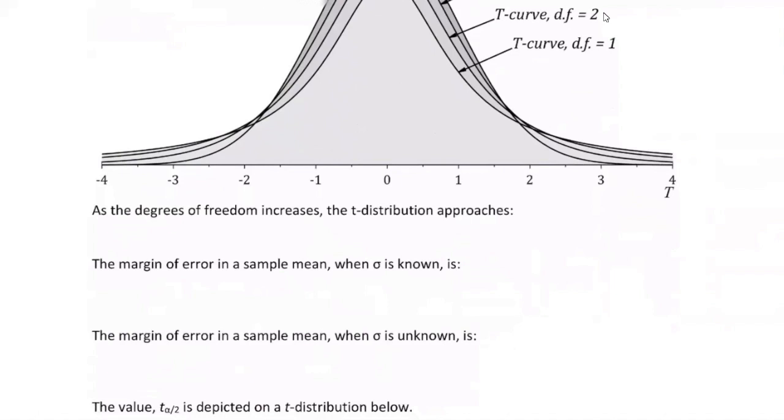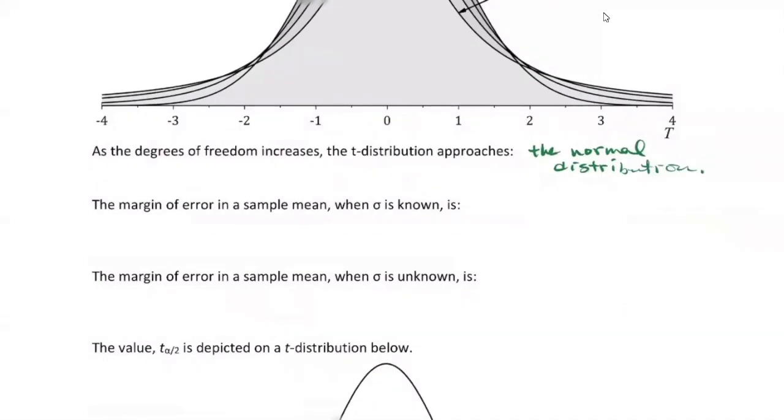So down below it says, as the degrees of freedom increase, the t distribution approaches the normal distribution. The margin of error in a sample mean when sigma is known is E equals Z alpha over 2 times sigma over the square root of n.